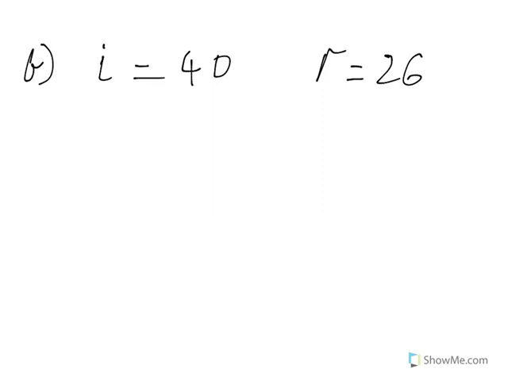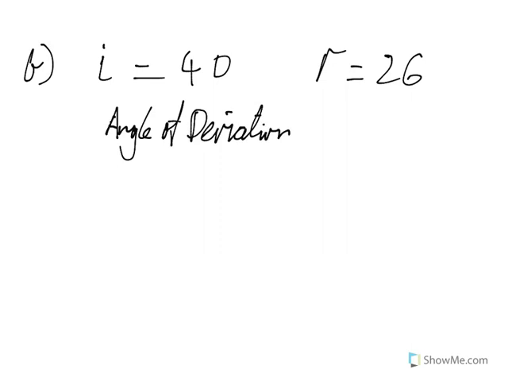So clearly the angles are different, so the light has moved. The angle of deviation is essentially just the difference between those two. So the angle of deviation is 40 minus 26, which comes out to 14 degrees.